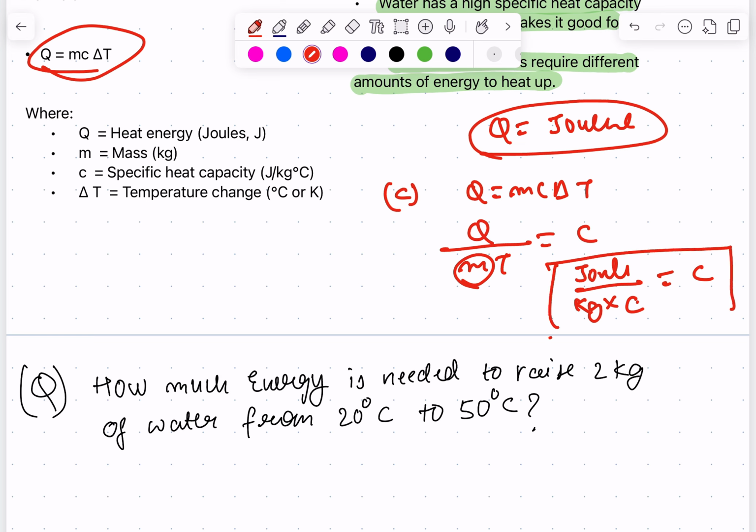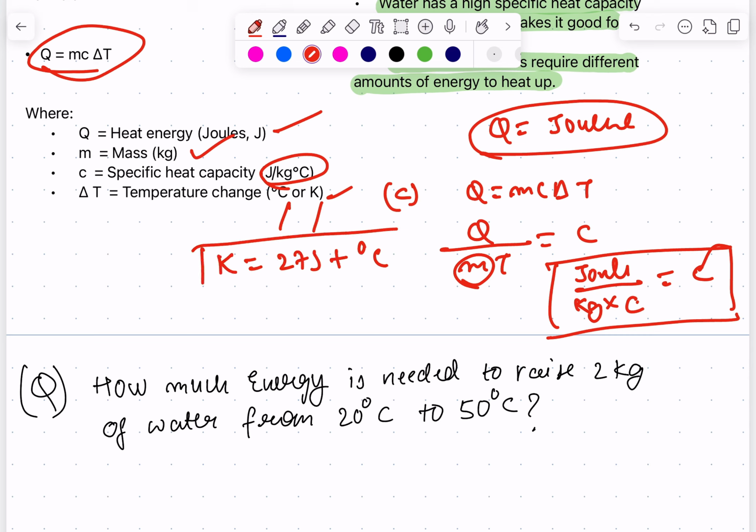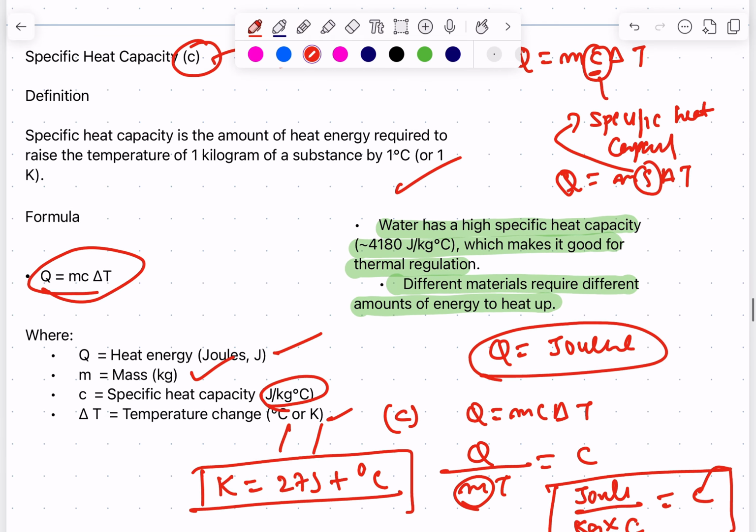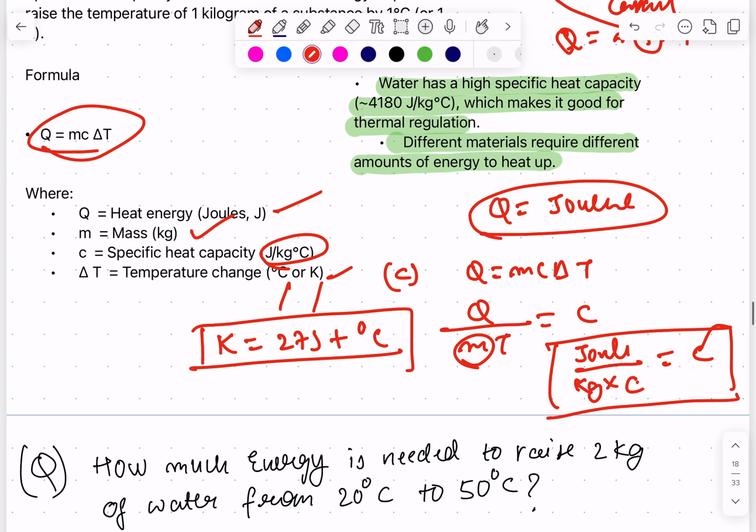So here this thing will be in joule per kg degree Celsius. The temperature can be either in Celsius or Kelvin. Yesterday I gave you the relation: it's simply 273 plus degrees Celsius. Okay, so now you know the definition of specific heat capacity.